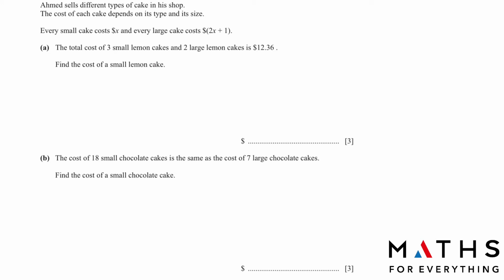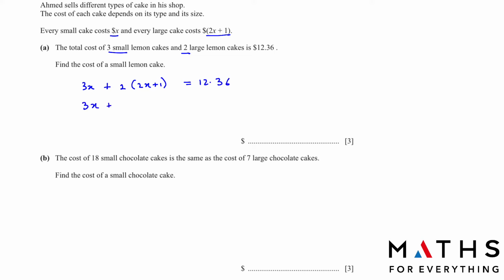So we have to form a linear equation. We know that the small lemon cakes are x dollars, so 3 times x plus 2 large lemon cakes, the large cake being 2x plus 1, is equal to 12.36.